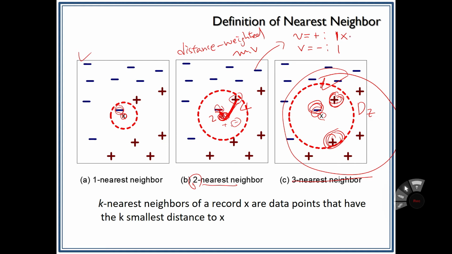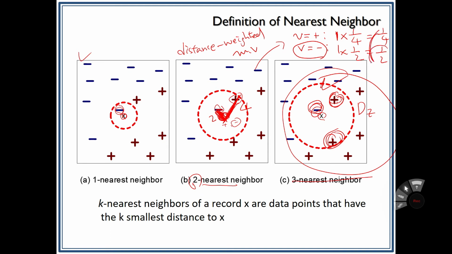So in this case, because the distance between these two objects is 4, the weight is 1 over 4. Because the distance between these two objects is 2, we multiply by 1 over 2. So this one becomes 1 over 4, this one becomes 1 over 2, and then we choose the class label corresponding to the maximum value between these two.